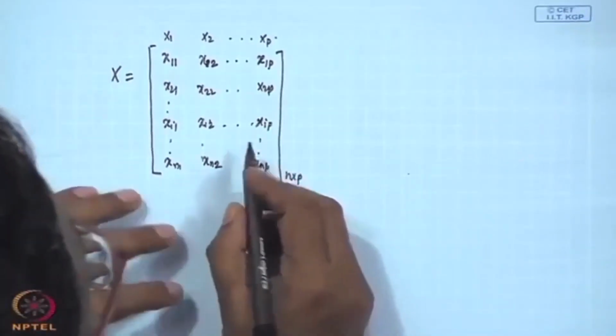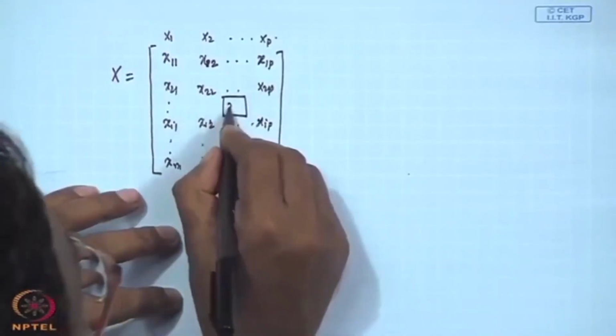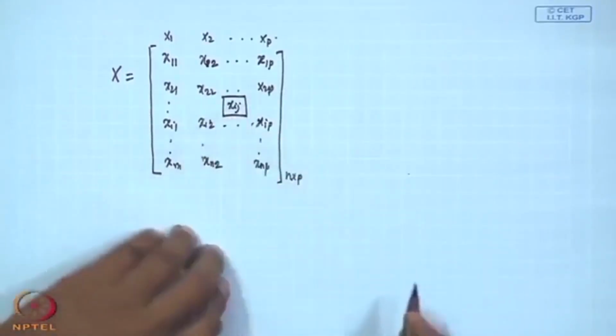Now, let us consider a general observation x_ij.